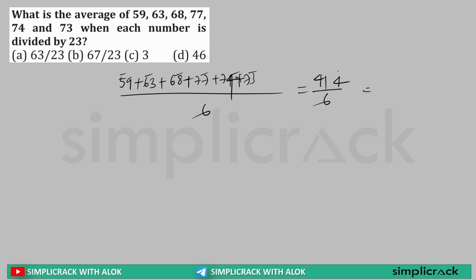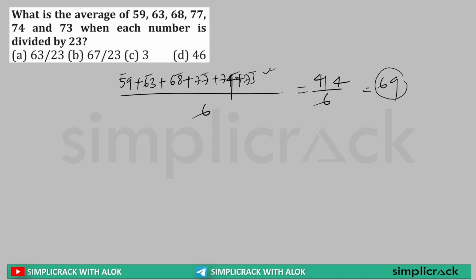6 7s are 42, 6 9s are 54. Clear? Yes sir, clear. Now 69 is what?